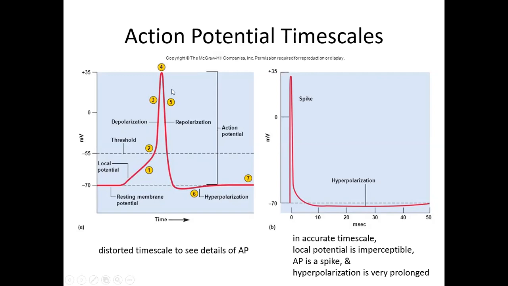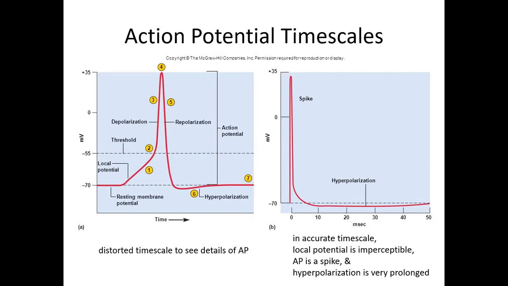We go negative all the way to the threshold. We continue negative until we reach the resting membrane potential. And then we're going to start into the relative refractory period in number 6, where we are hyperpolarized. And eventually we will make our way back to minus 70, number 7, when we are at the resting membrane potential.